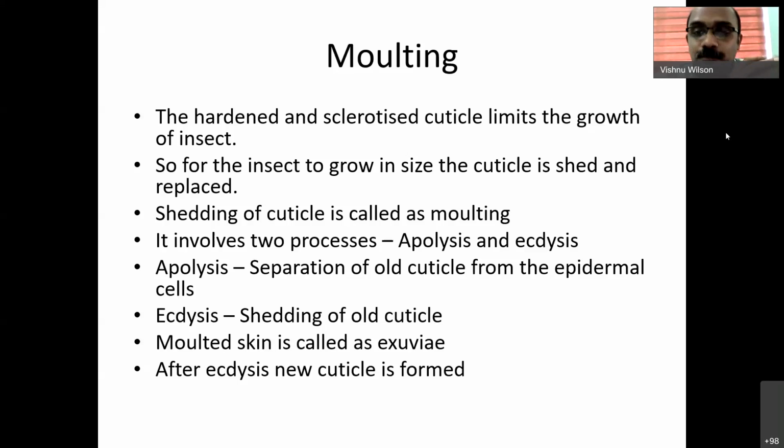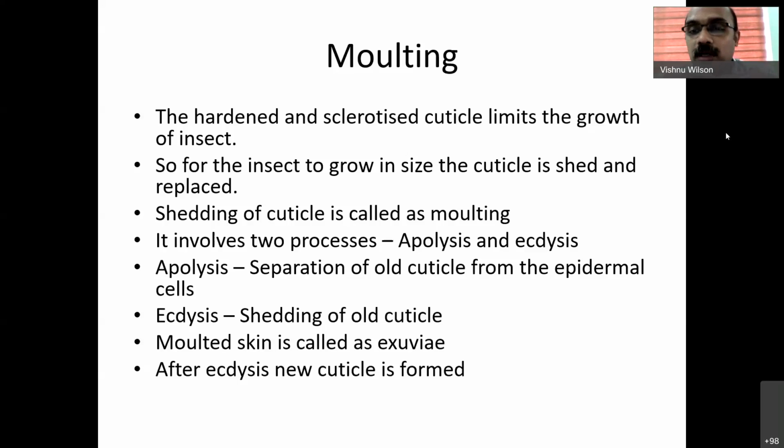Now there is a process, the last class we just mentioned it. There is a process called molting in insects. This molting, as I told you, is similar to the removal of skin by snakes.